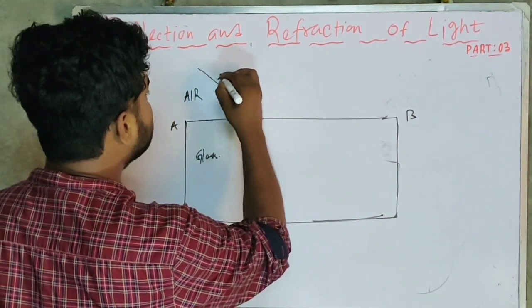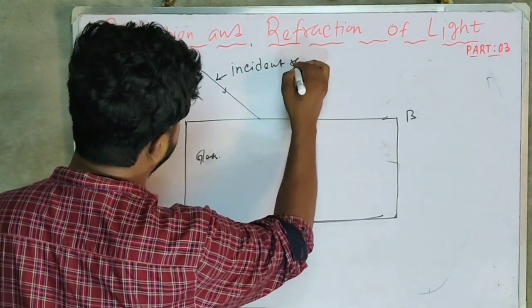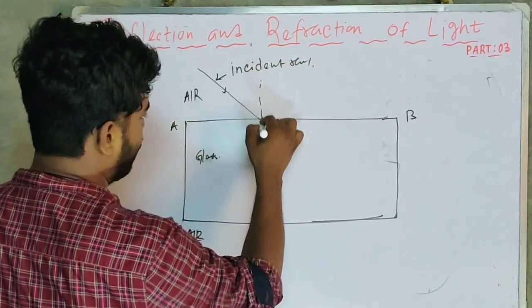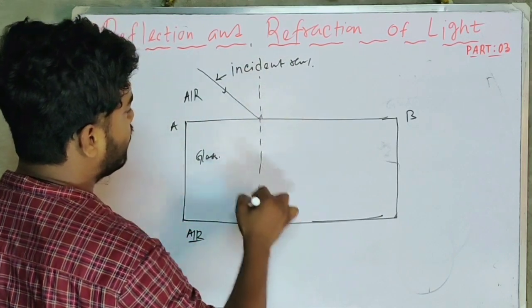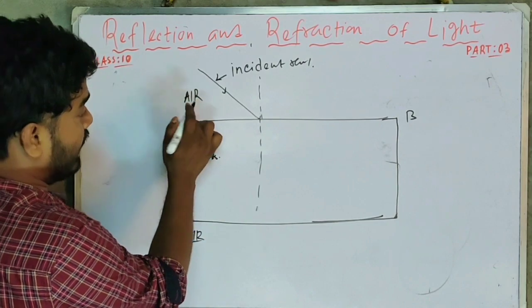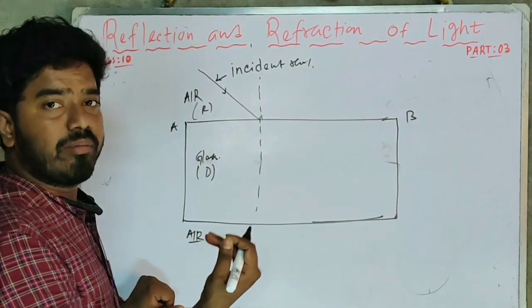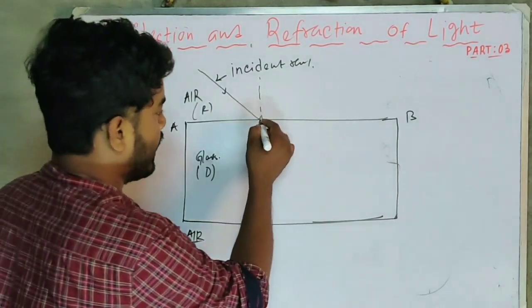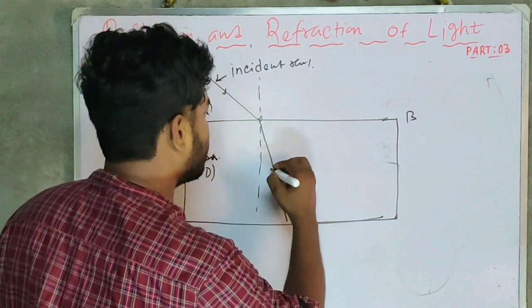This is the incident ray. Now make a normal, that is perpendicular. Now as light travels from air to glass, that is rare medium to denser medium, it bends towards the normal. So light bends this way towards the normal.